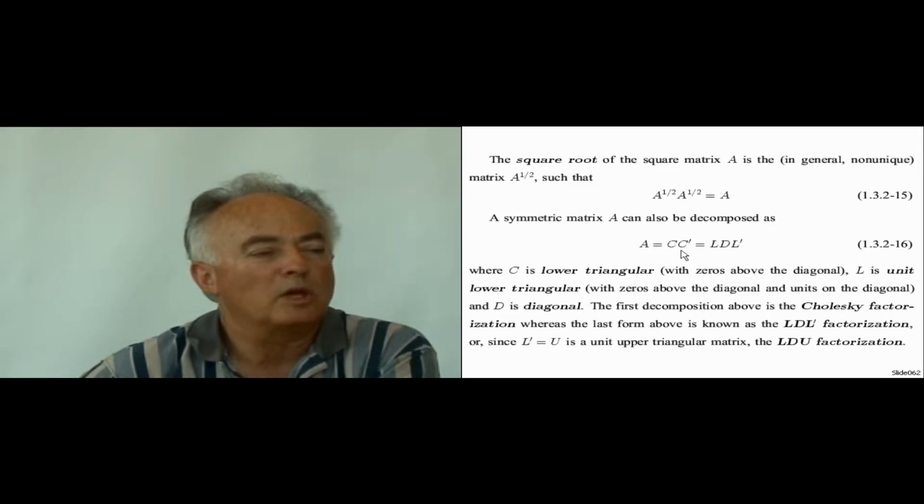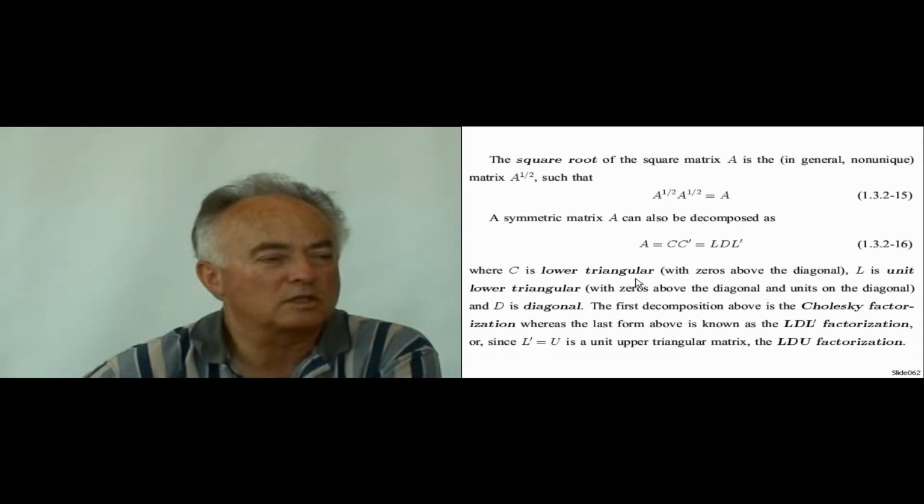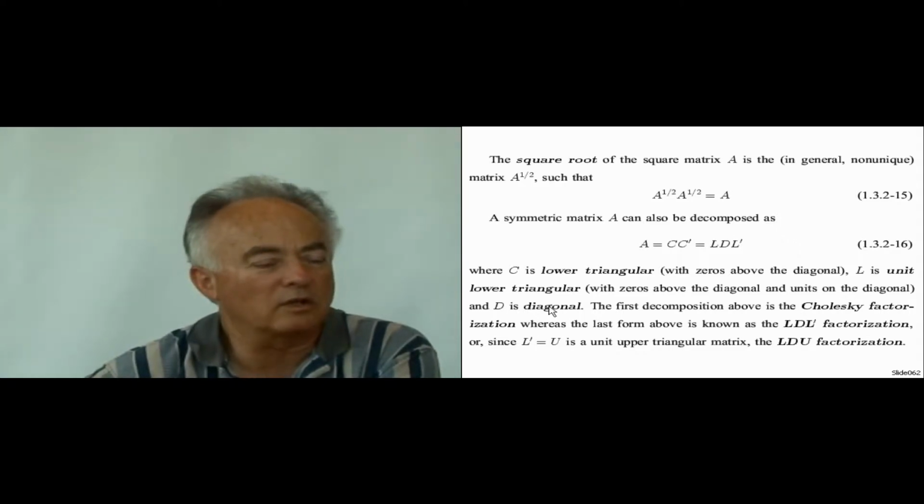The matrix A can be written with a lower triangular matrix L, which has zeros above the diagonal. If C is lower triangular, then C prime is upper triangular. Now L is a unit lower triangular matrix, with zeros above the diagonal and units on the diagonal, and D is diagonal.